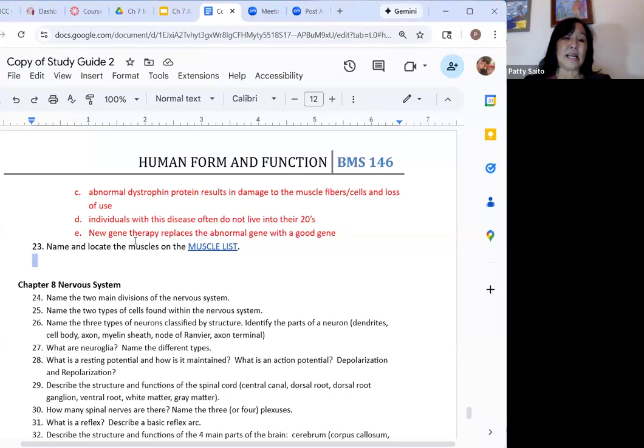And then, as I mentioned, there's a muscle list. So make sure you take a look at the muscle list, and be able to identify those muscles. And we'll talk about those in another video. Okay, and be sure to see your tutor, especially with the muscles, the bones.